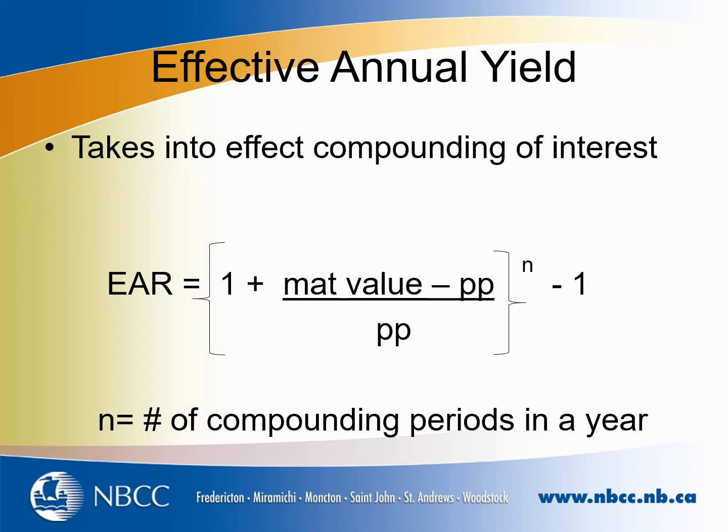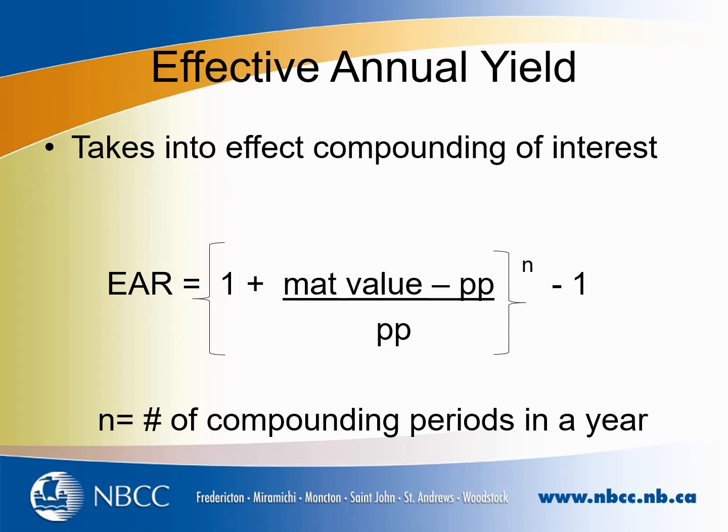The calculation is in the middle of the slide. We take 1 plus the maturity value of the T-bill, or the par value, minus the purchase price divided by the purchase price, and all of this is to the power of n. This is because we are compounding these returns the number of times that we will be reinvesting during that 1 year.